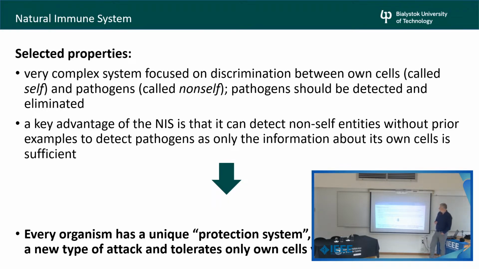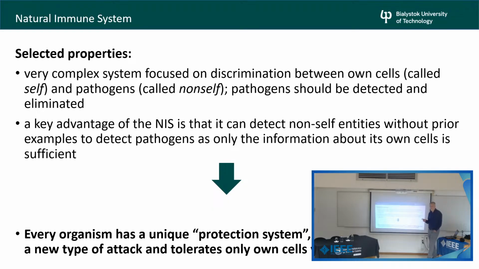The key advantage of the natural immune system is that it can also detect unknown pathogens using only the information about our cells. The information only about our cells is sufficient to detect them. As a result, every organism has a unique protection system.